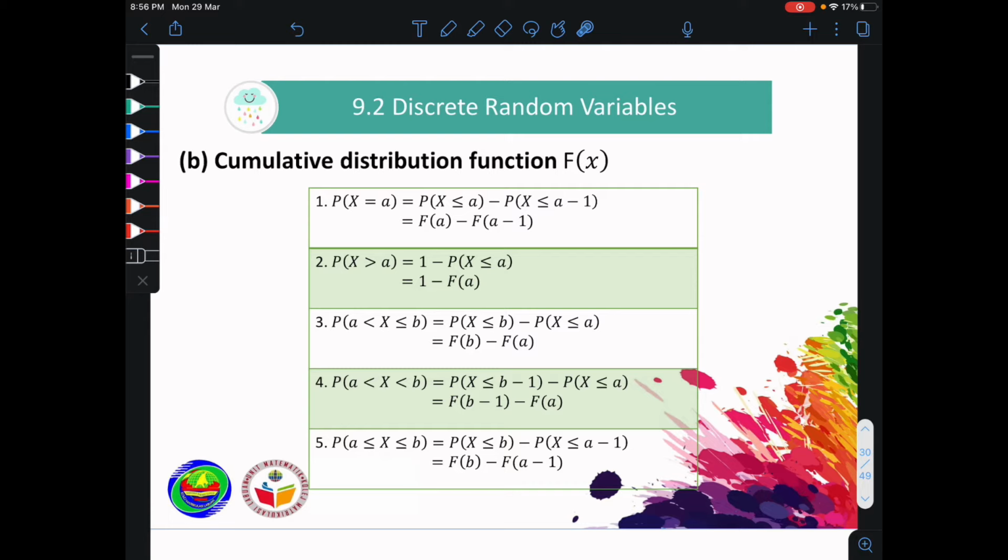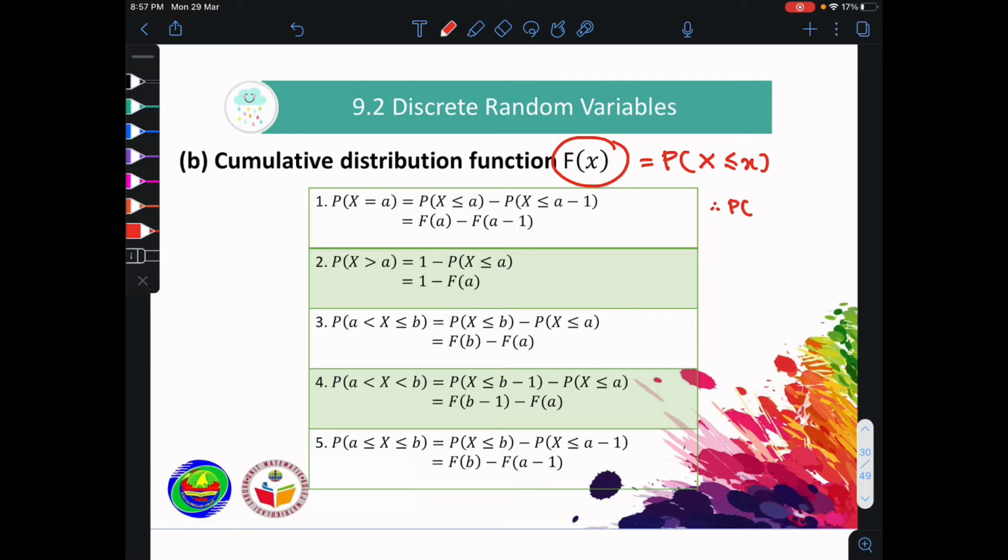And here are some of the properties for F(x). When P(X = a), this is actually P(X ≤ a) minus P(X ≤ a − 1). Let's recall back, F(x) is actually P(X ≤ x).